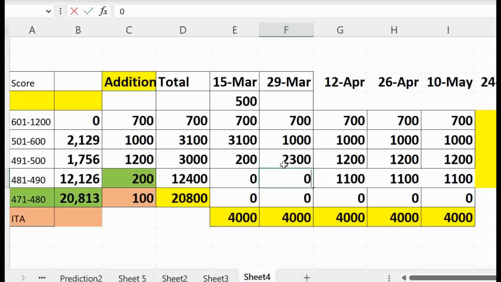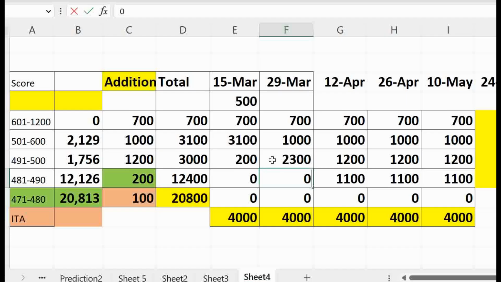So if we pick up 2300 from this slab, the earlier cutoff score was 500. That means if we are having 3000 plus 1200 in this fortnight, we have near about 4000 candidates in this slab.